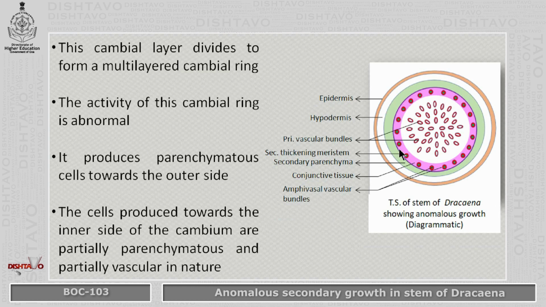This cambium divides to form a multi-layer cambial ring initially. The activity of this cambial ring is abnormal. It produces parenchymatous tissue towards the outer side and partly vascular tissue and partly parenchymatous tissue towards the inner side.